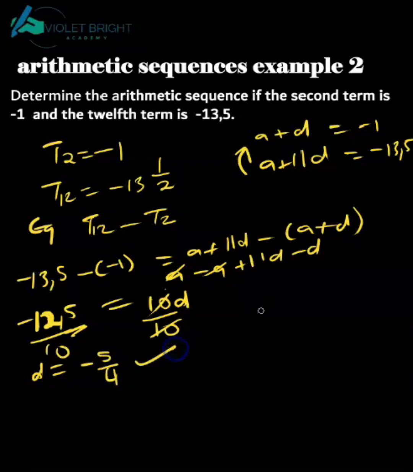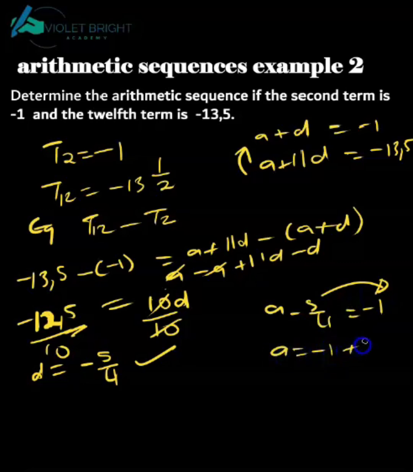So from here, just solving for a: a plus d equals negative 1, so a minus 5 over 4 equals negative 1. Then you take this to the other side, it's gonna be a equals minus 1 plus 5 over 4.